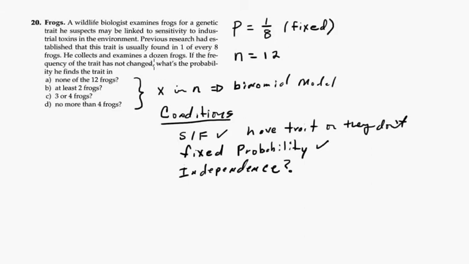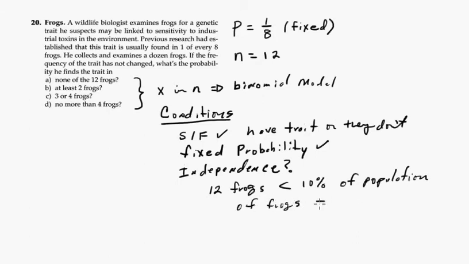When it's not clear, we could look at the sample size of 12. 12 frogs is clearly less than 10% of the population of frogs.